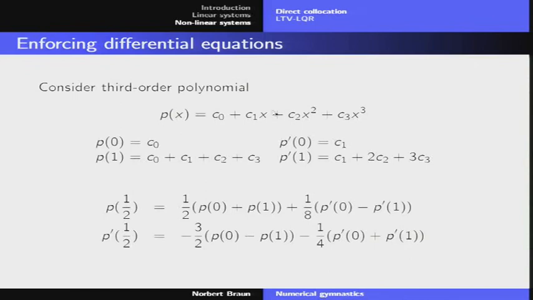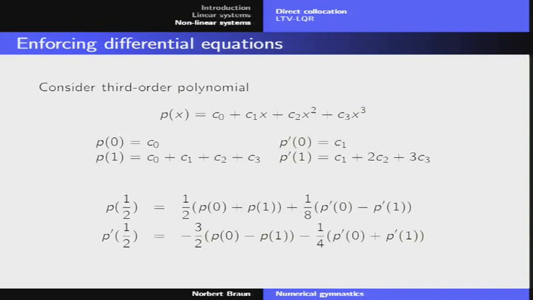What do these constraints look like? For example, if you take a third order polynomial, we can get these coefficients in terms of the values and the derivatives of the polynomial at 0 and 1. And this also then relates the value and the derivative of a polynomial at position 1/2, so between 0 and 1, to the values at the start and the end of the interval.